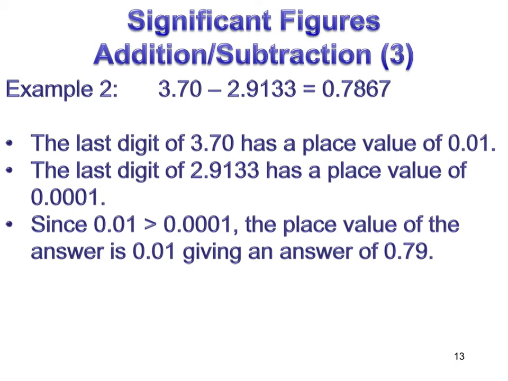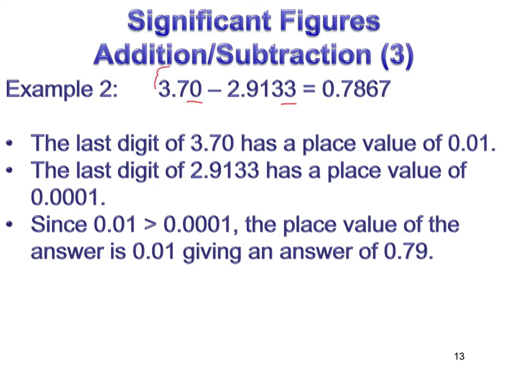Similarly, in subtraction, we take and look at the place value. The place value of 3.70 is here at the 100th point. The place value of 2.9133 is at the 10,000th point.